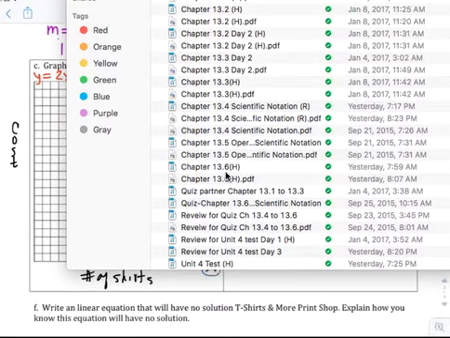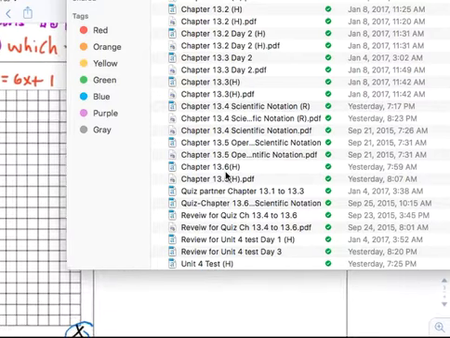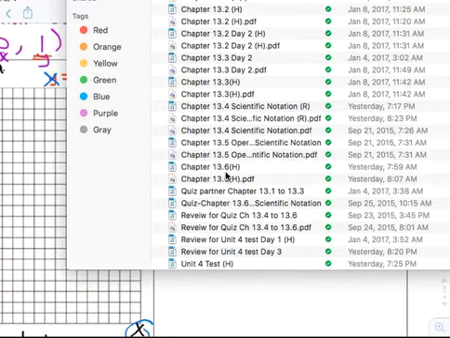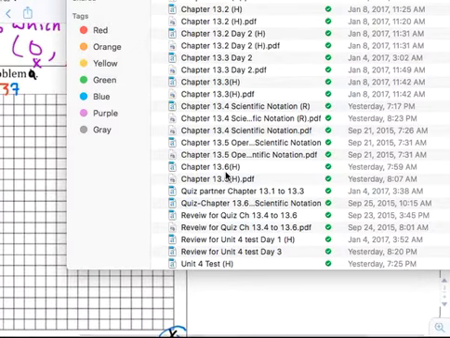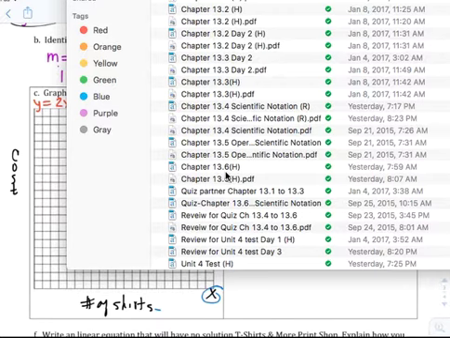Let's find the cost for 9 shirts. You substitute. I'm going to use y equals 6x plus 1. 9 times 6 is 54 plus 1. Y equals 55.